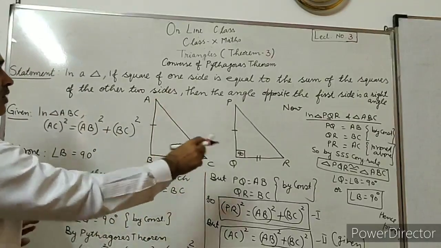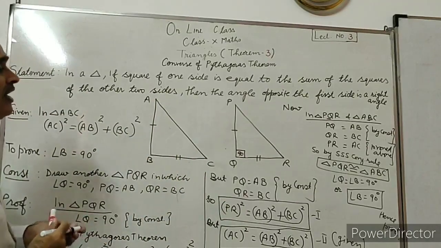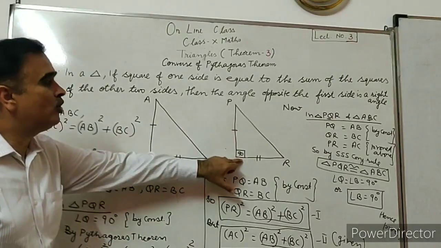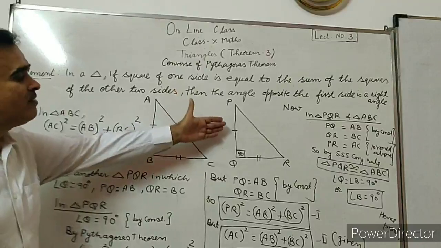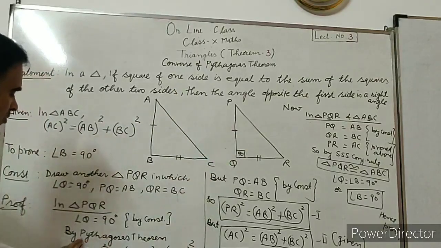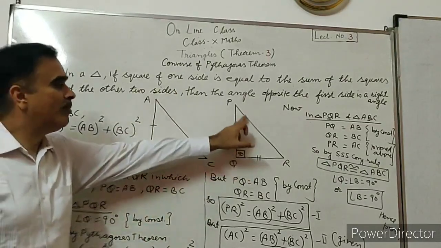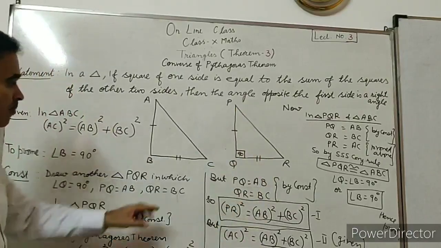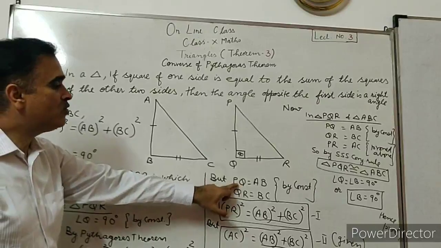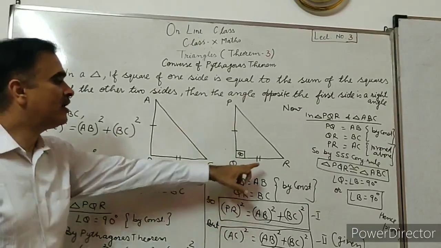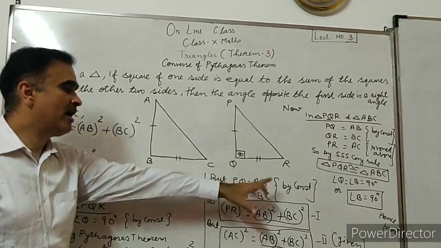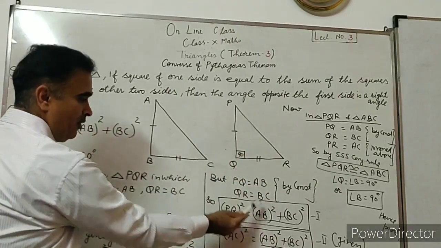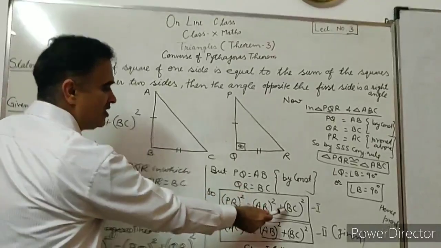Now in triangle PQR, angle Q is 90 degrees. If one angle is 90 degrees, we apply Pythagoras theorem. So by Pythagoras theorem, PR square equal to PQ square plus QR square. But PQ is equal to AB and QR equal to BC by construction. In place of PQ we put AB, and in place of QR we put BC.